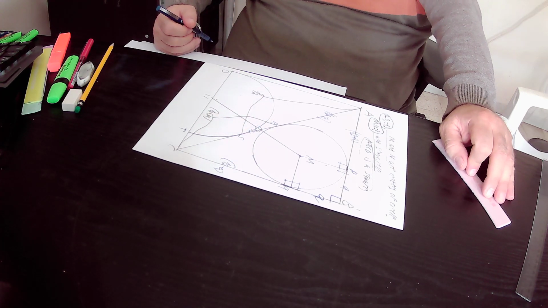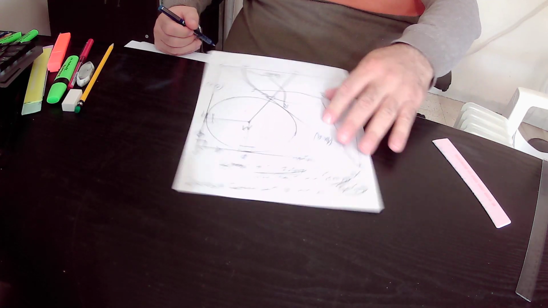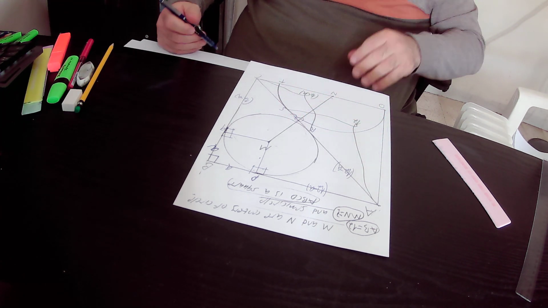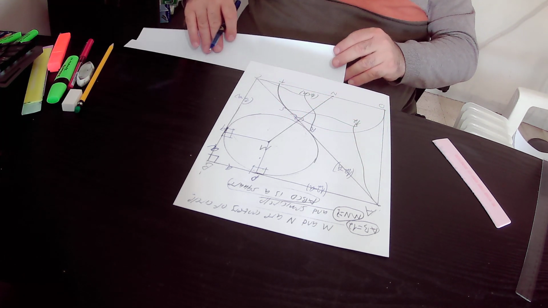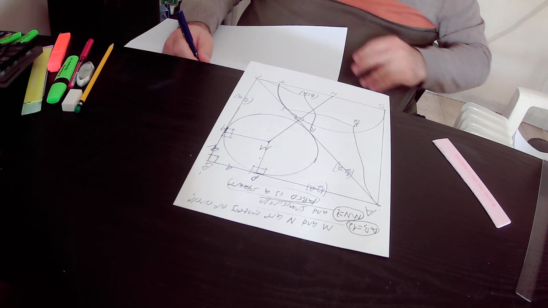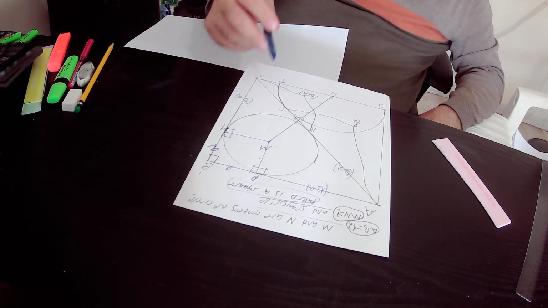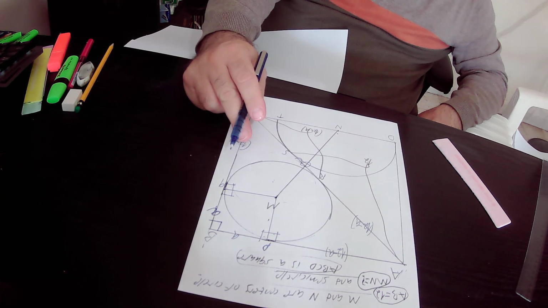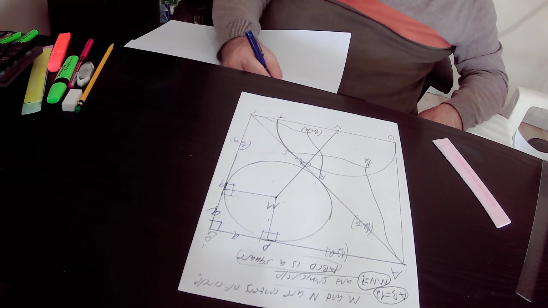Okay? So, in quadrilateral PBMQ, we have 3 right angles. We focus on quadrilateral PBMQ. In quadrilateral PBMQ, we have 3 right angles.